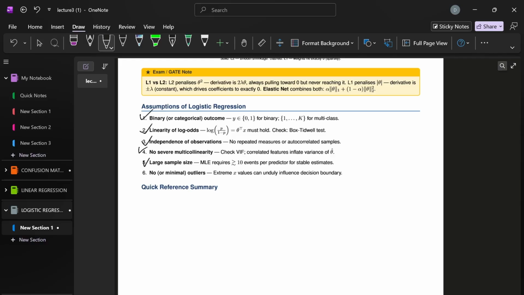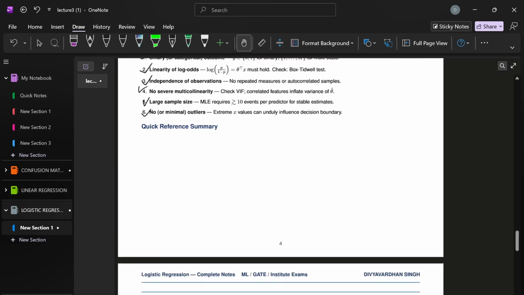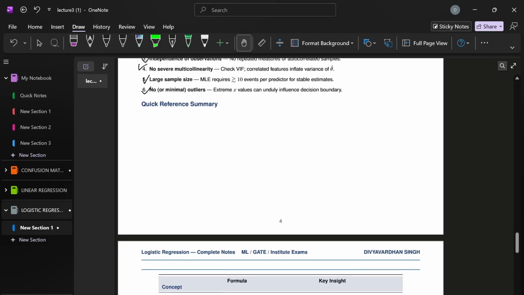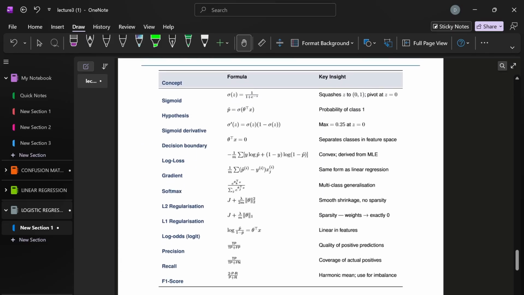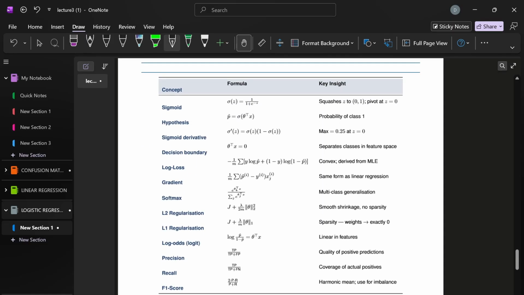We have talked about the VIF score in the linear regression model also. Fifth, you need a large enough sample, roughly 10 events per predictor for stable estimation. Sixth, no extreme outliers should be there. We'll learn how you can remove outliers in the pre-processing stage, but before that, we can take it as an assumption.